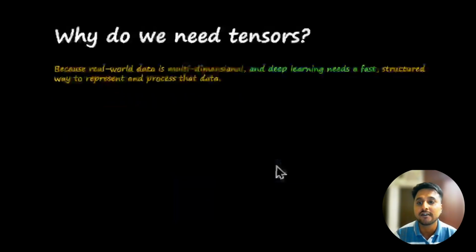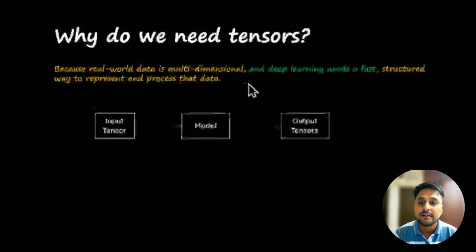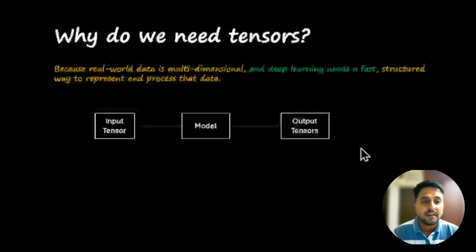Now let's move forward. Tensors in deep learning need to be fast. So if we have NumPy arrays, then why do we need tensors? The reason is simple. Tensors are fast. They can run on GPU, and a GPU, graphics processing unit, has multiple cores that run these tensor operations in parallel.